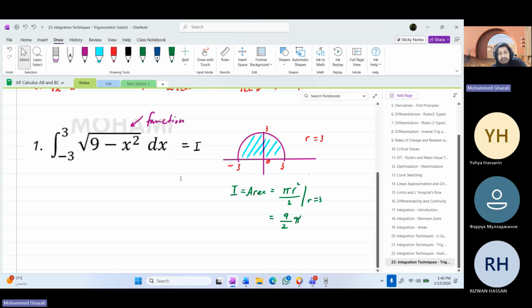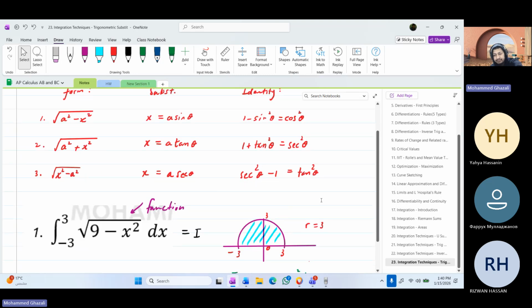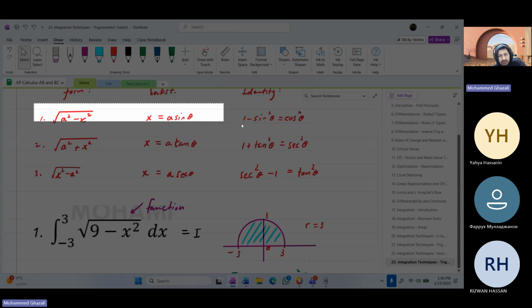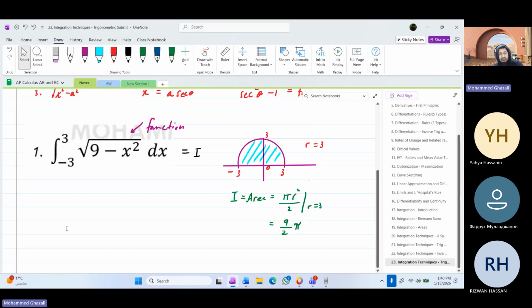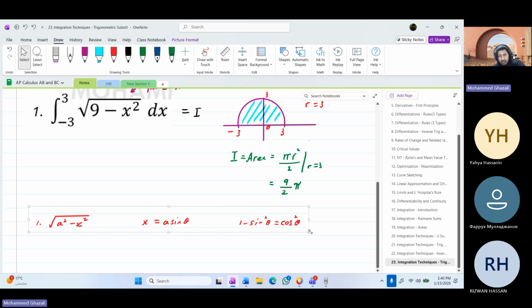Now, let's see if you can arrive at the same answer using this trigonometric substitution form. So we have this integral in this form here. That's the form of the integral, as we can see.